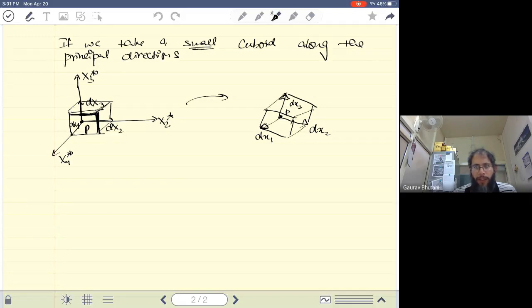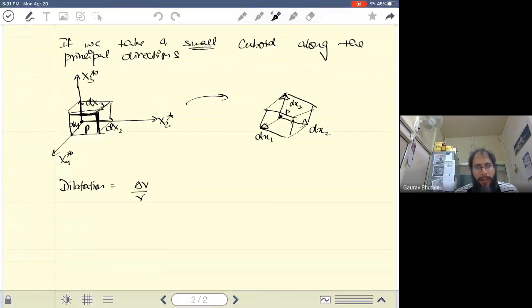So we have to see dilatation, which is the change in volume upon initial volume. Since the lengths are changing, this new cube on the right hand side will have a different volume. So we want to see how the volume changes in the body as the deformation happens.